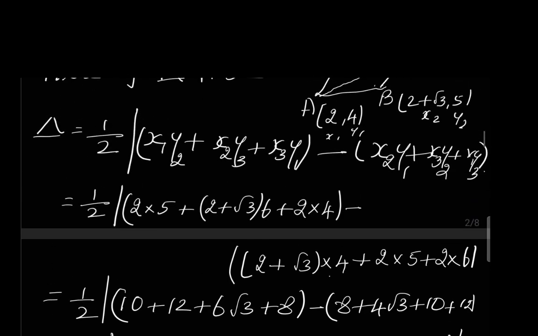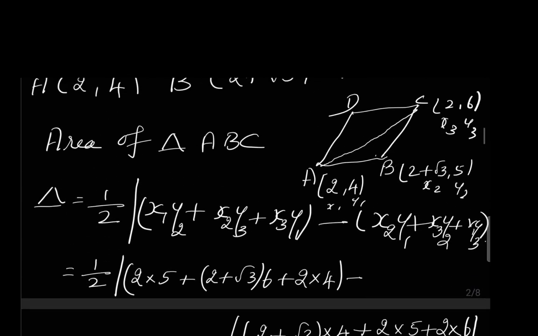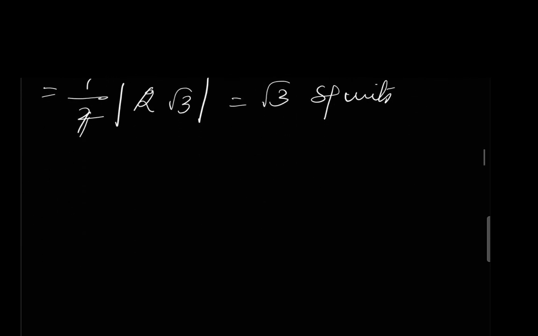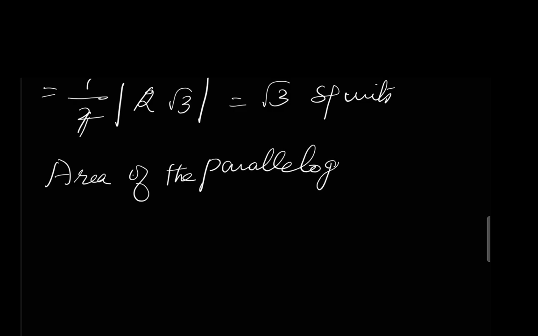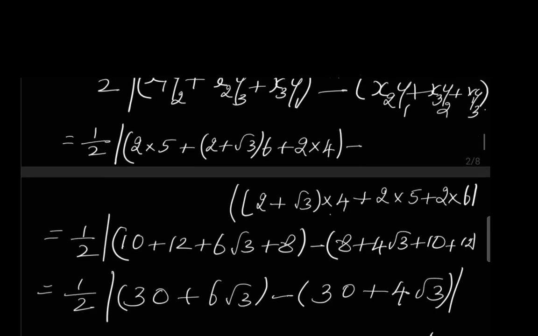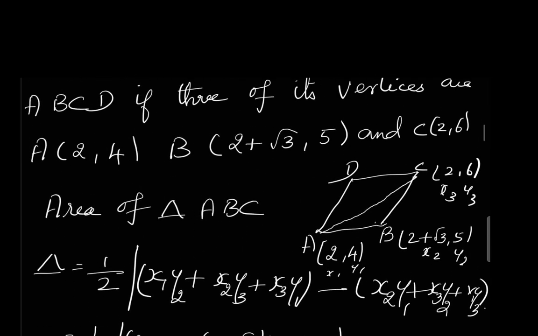So we have just got the area of triangle ABC, but in the question you have to find the area of the parallelogram ABCD. Area of the parallelogram ABCD is equal to area of triangle ABC plus area of triangle ACD.